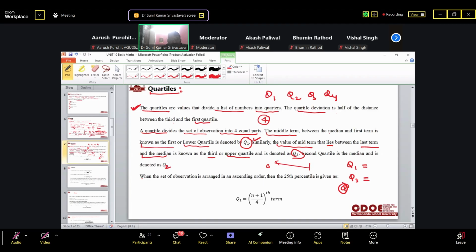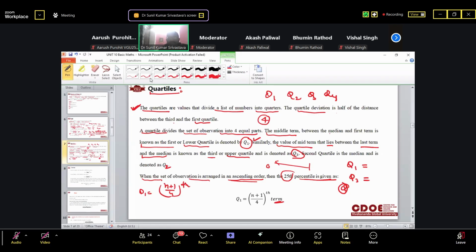So when the set of observations is arranged in ascending order, the 25th percentile is given by Q1, and that is the (n plus 1) by 4th term of the given observations.